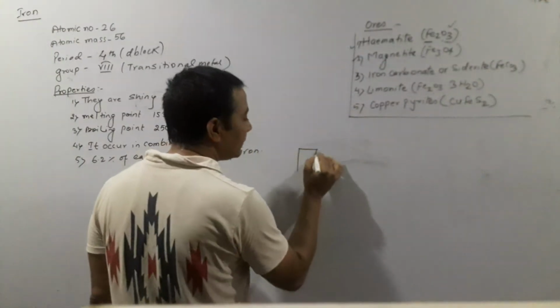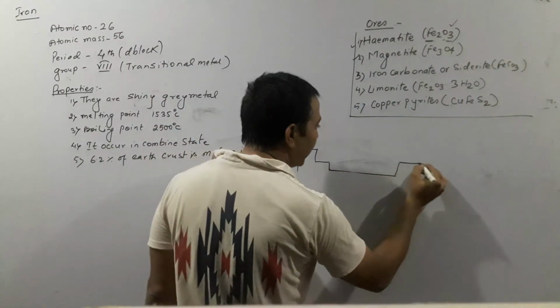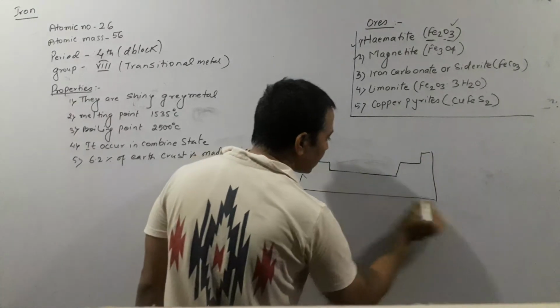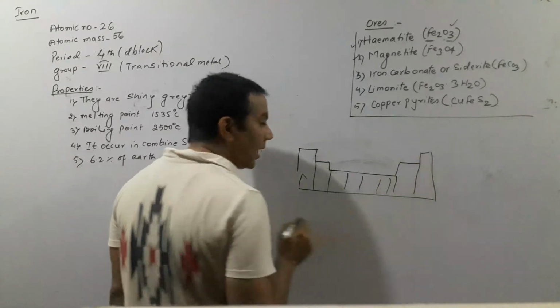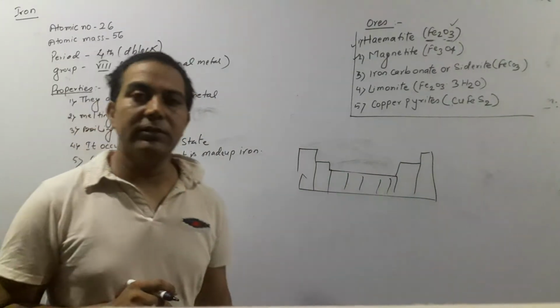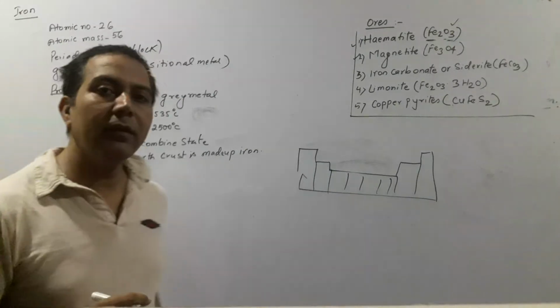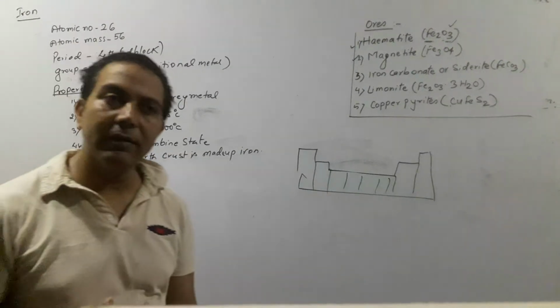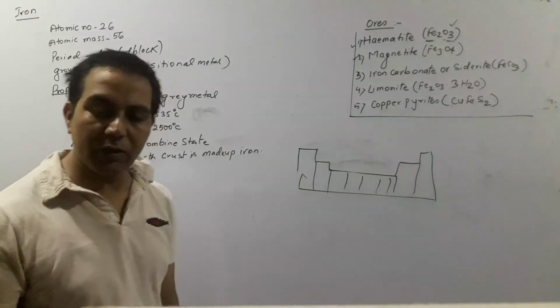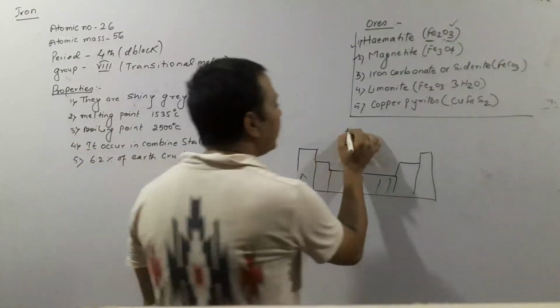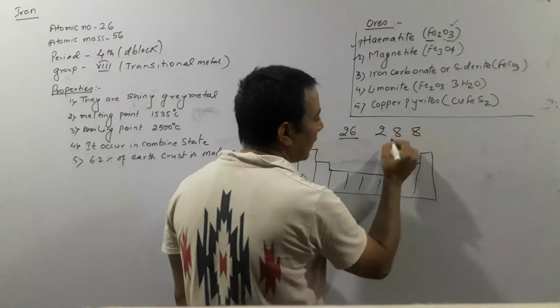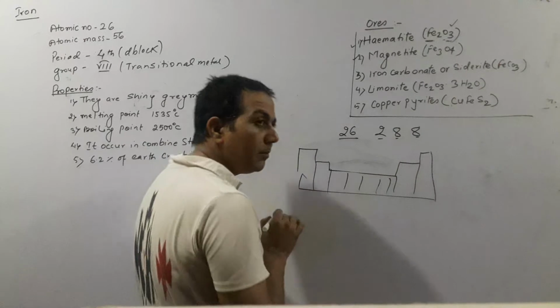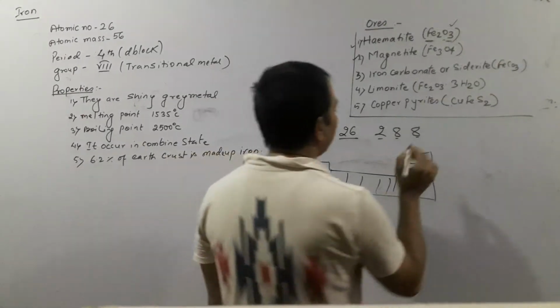Okay, so if we see in the periodic table where it lies, atomic number 26 and atomic weight 56. 26 means what, that is 2, 8, 8, 18... How much? 10, 18. How much remains? It is another 8.